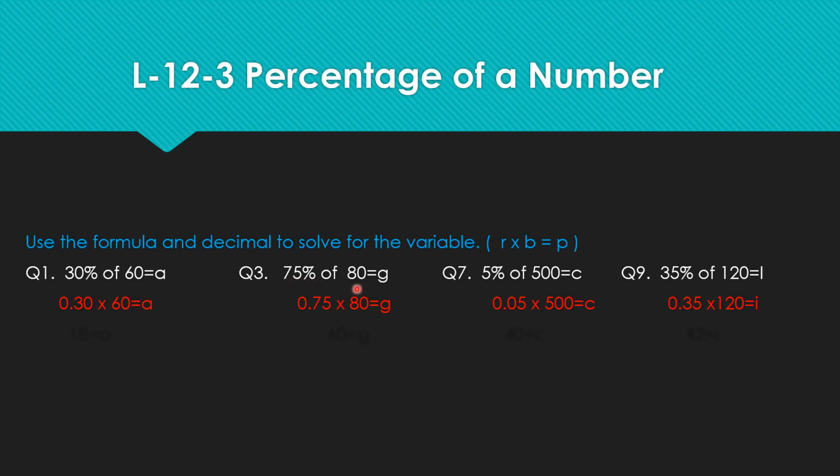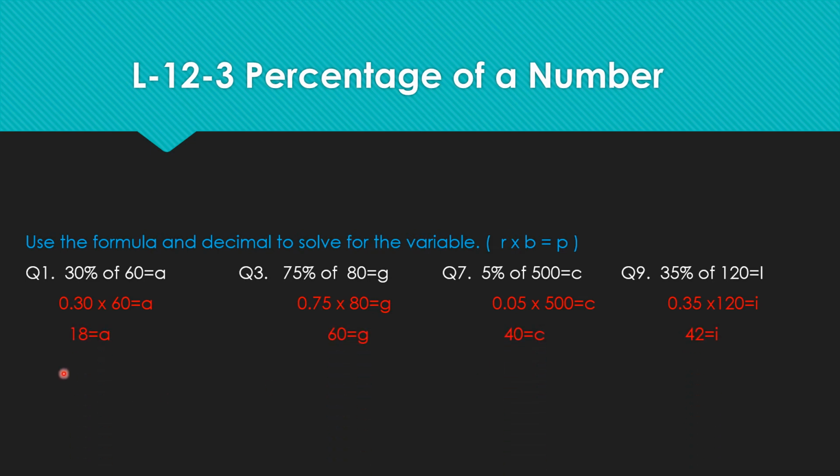75% of 80: convert 75 into the decimal. And 5%, always remember this one, means shifting the decimal point, so it will be 0.05. Be careful in this one. You cannot write 0.5. And 35 is the same, 0.35 multiplied by 120.